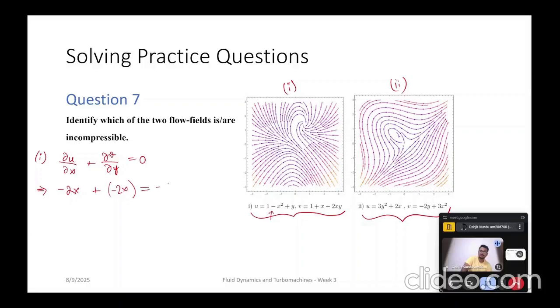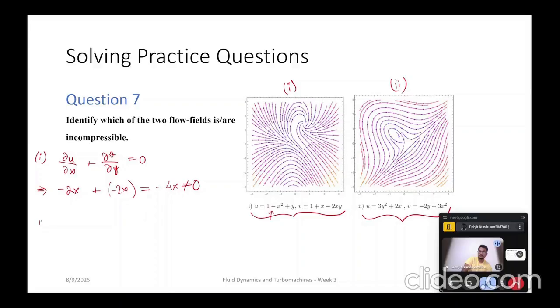So this is equal to minus 4x, and it does not satisfy the incompressibility condition.